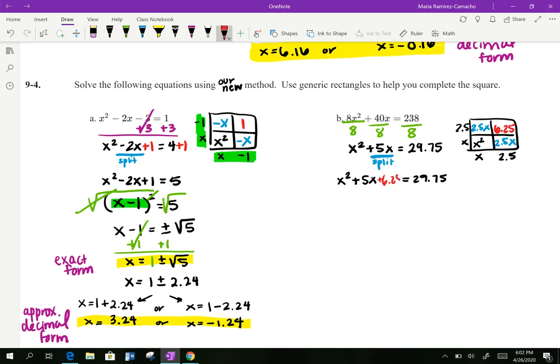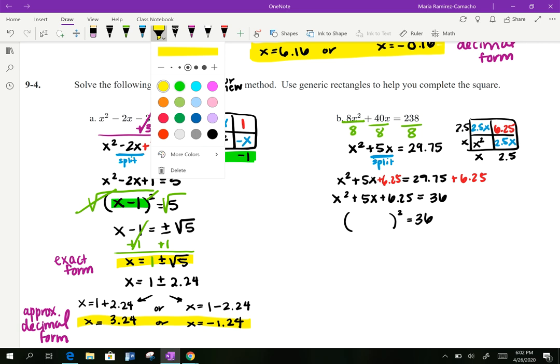Plus 6.25, plus 6.25. Okay, if I simplify, I get 36 here. Yeah, 36. Okay, now let's rewrite x squared plus 5x plus 6.25 as the length of that square squared.